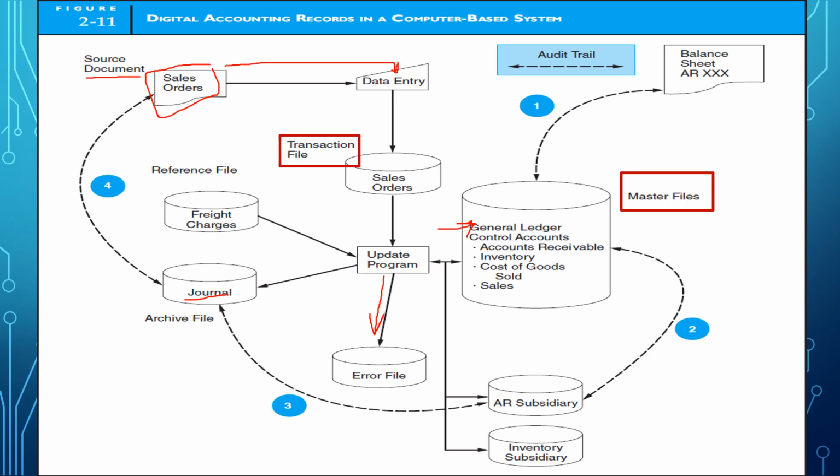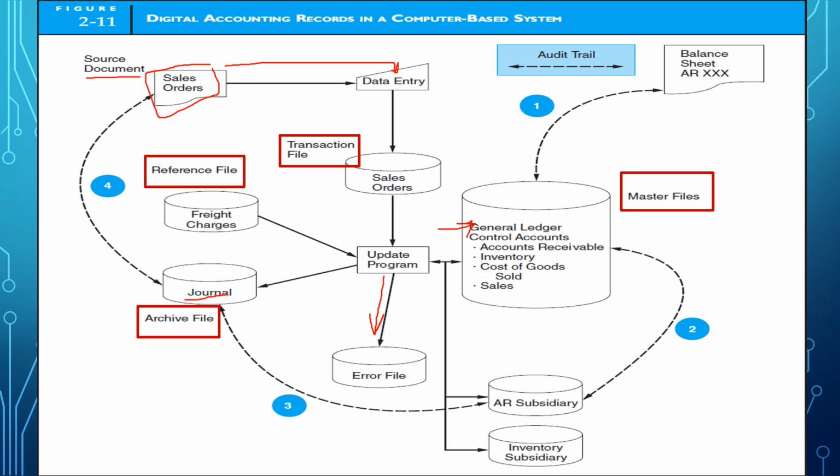The updating of this transaction will bring information from the sales order transaction file, and also the freight charges if there are any, which is the reference file for any information related to this. And then this one is the archive file, which is updated with the posted and past transactions.